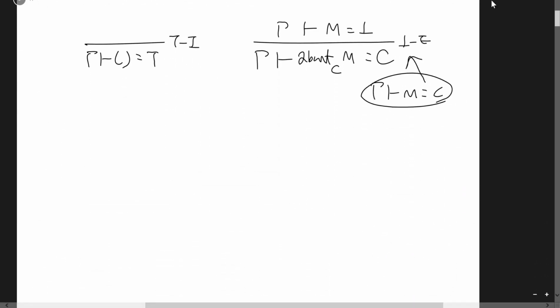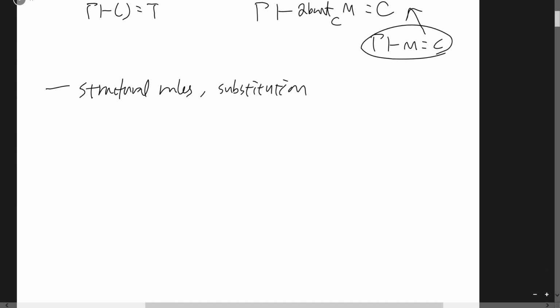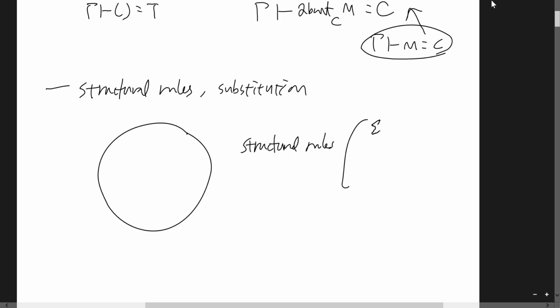Now let's consider structural rules and substitution. So we learned that given a system of propositional logic, for example, we can consider structural rules such as exchange, weakening, and contraction.